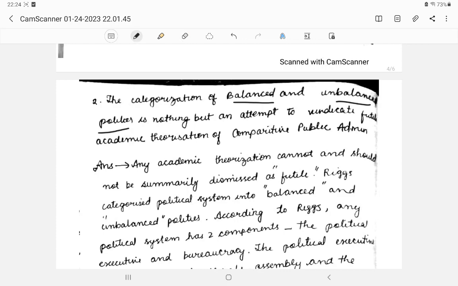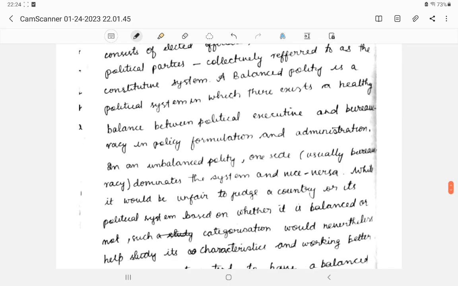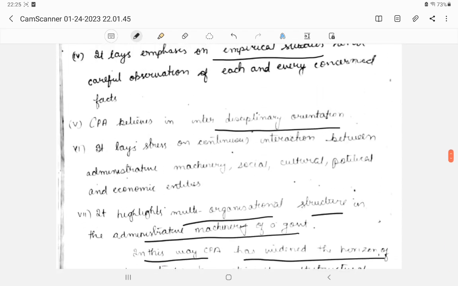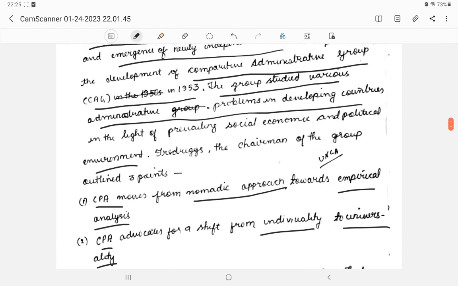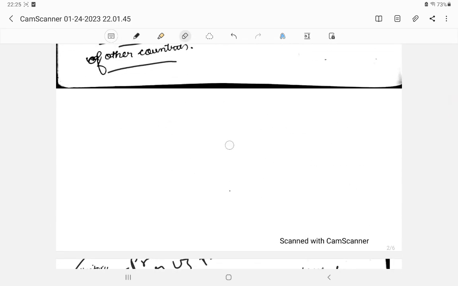So let us explain this. First of all, what does balanced and unbalanced polity mean?